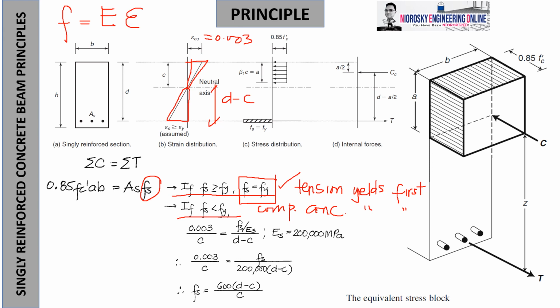So if we talk about steel, then steel stress equals the modulus of the steel times the strain of the steel. So we can say that Es, or strain of steel, is Fs, the stress of the steel, over the modulus of steel, where the modulus of steel is observed to be 200,000 megapascals or 200 gigapascals, the average value.